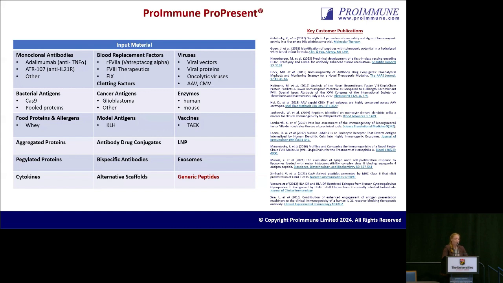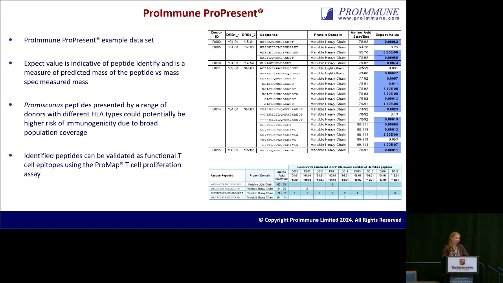And of course, we can't share all the details, but just as a few examples, we have worked with monoclonal antibodies, viruses, whether that's viral vectors, individual viral proteins, or even whole viruses, cancer antigens, model antigens, ADCs and bispecifics, as well as pegylated proteins and other alternative scaffolds. And you can see highlighted, we have also done some work in the generic peptide space, but don't get too excited, I won't be able to share any of that today.